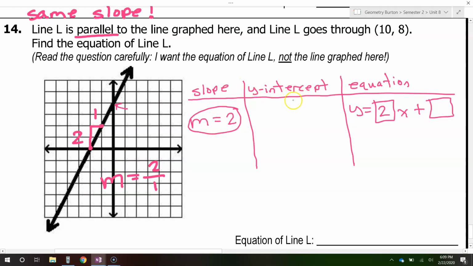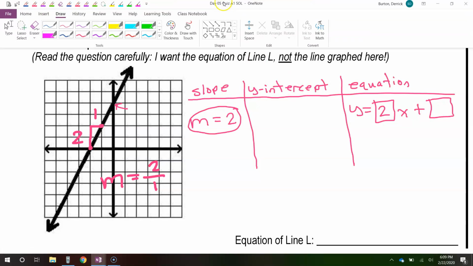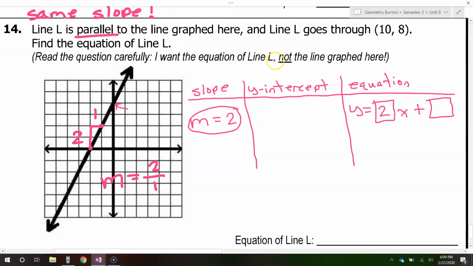And so we're just going to do the process like normal from here. So as always, we're thinking y equals mx plus b. And this is x and this is y. So for y, we're going to go 8. And then for m, that's going to be 2.